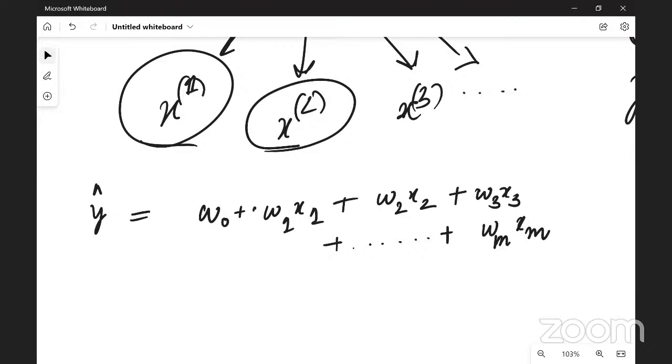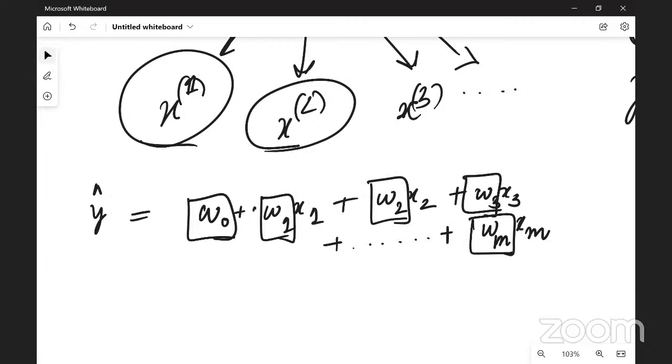Okay, so in linear regression, this is how your model looks. This is your predicted output, and these weights correspond to your model.